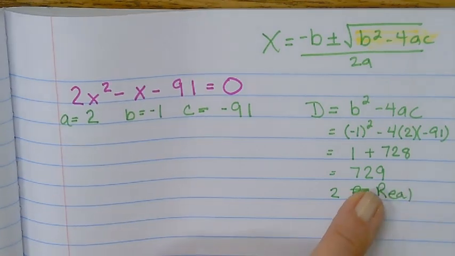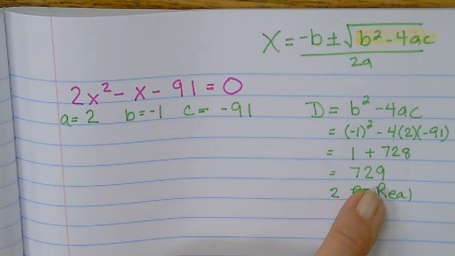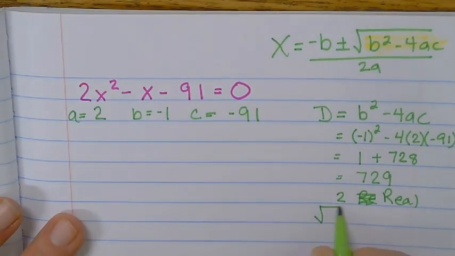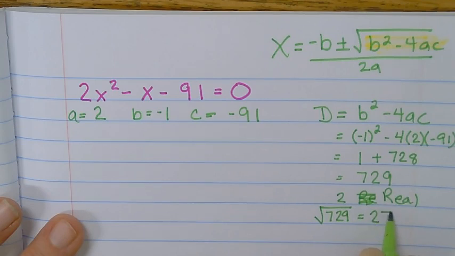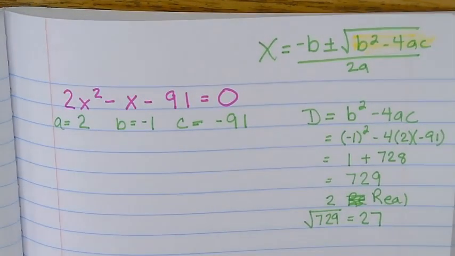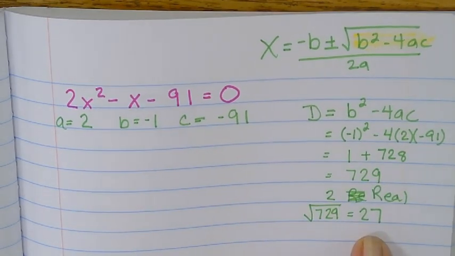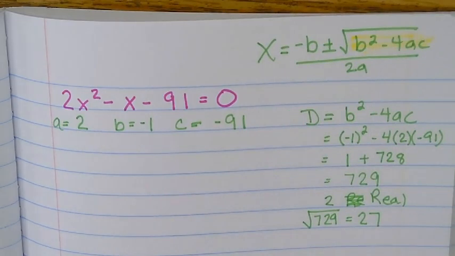They're going to be real because the square root of 729 is a perfect square. I just happen to know that. It's 27. Okay, so I found the discriminant, then I took the square root of the discriminant. I kind of do that off on the side. Okay, now we can come back in.